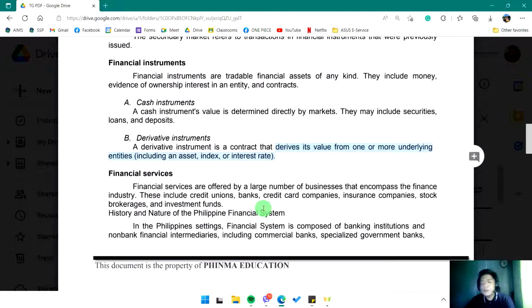You can also get your loans from these kinds of institutions, and it is a form of financial service. Other services such as credit unions, credit card companies, insurance companies, stock brokerage, and investment funds. These are all types of businesses, all types of services that can be offered by financial institutions.